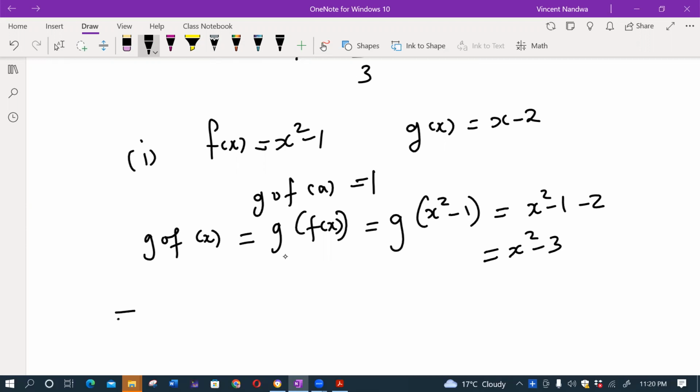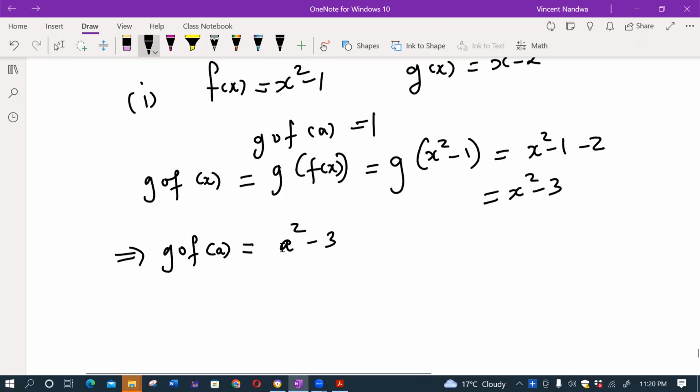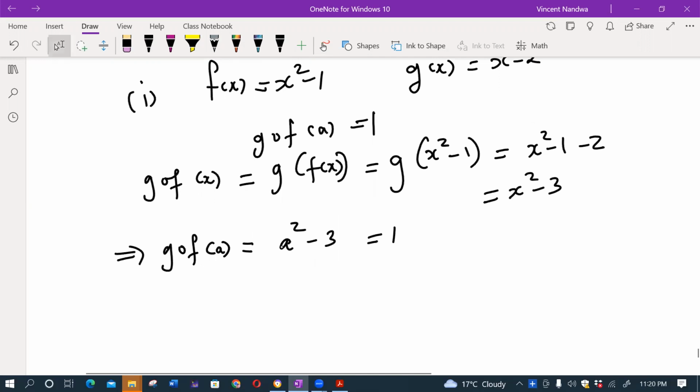So g composed with f at a will be simply a squared minus 3. And the claim is that this should be 1. So a squared minus 3 equals 1. So a squared equals 1 plus 3, which is 4.